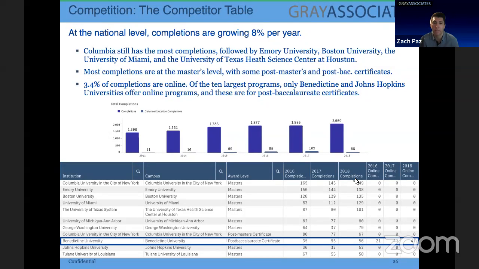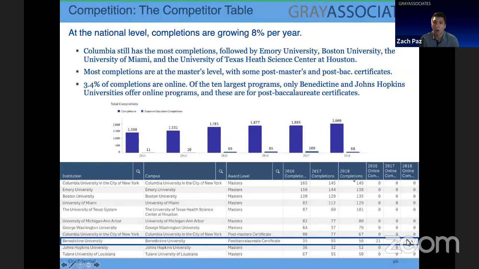So this does have the potential to be a large program. You'll just have to see what your competitive advantage is to provide students a better offer and to be able to get to those sizes.